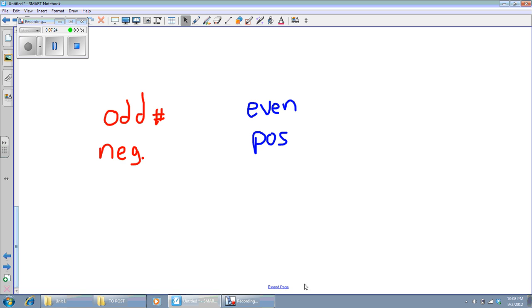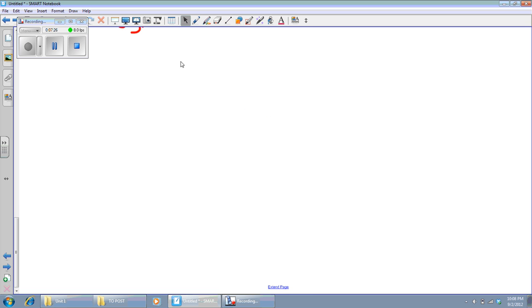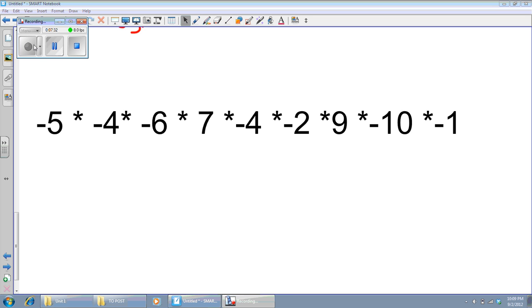In fact, it's such a good rule that I could take this problem. Hold on. This big long problem here, negative 5 times negative 4 times negative 6 times 7 times negative 4 times negative 2 times 9 times 10, times negative 10 times negative 1. I don't know what the product of all that multiplication is going to be, but I can tell you if it's a positive or negative answer.